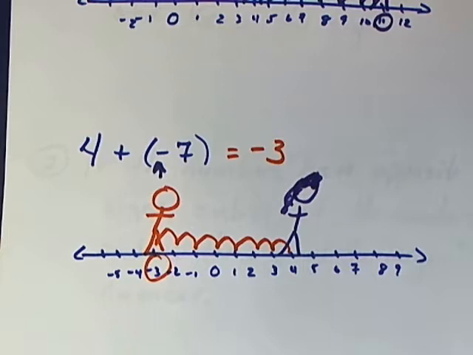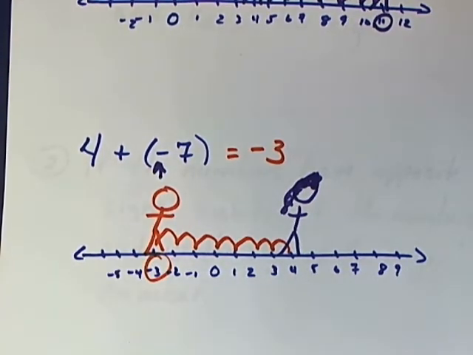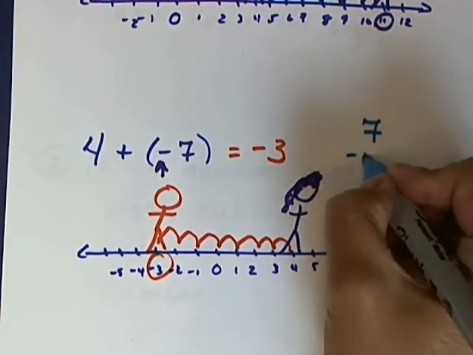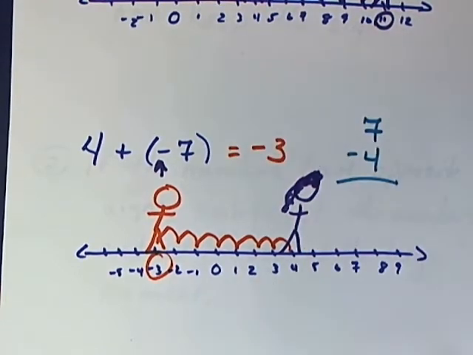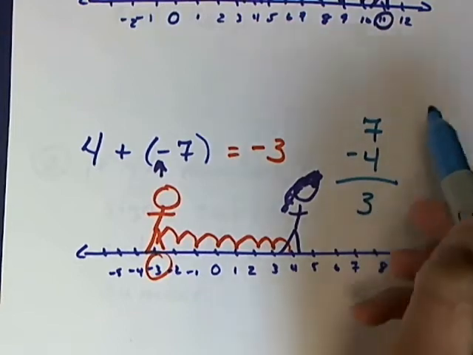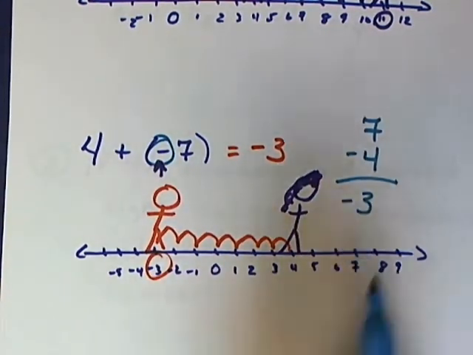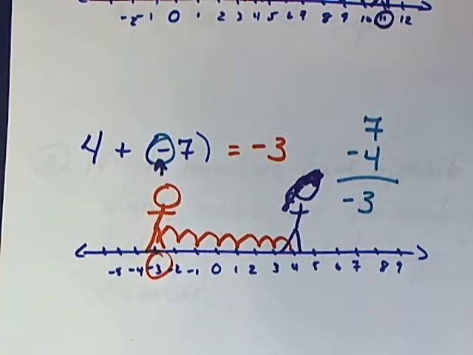So when I had 1 of each sign, I subtracted. Now, I started with the 7. If I saw 4 and 7, I would say 7 minus 4 in that case. That's how I would think of that mathematics. And because I started with the 7, my end result is going to have the same sign as what's on the 7. The 7 was negative, so my answer will be negative.